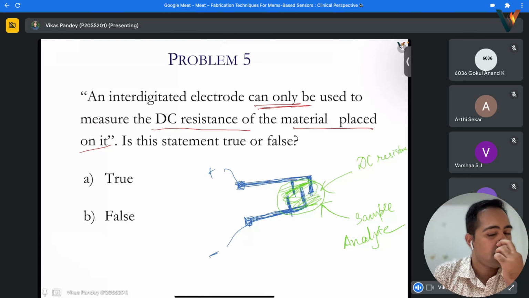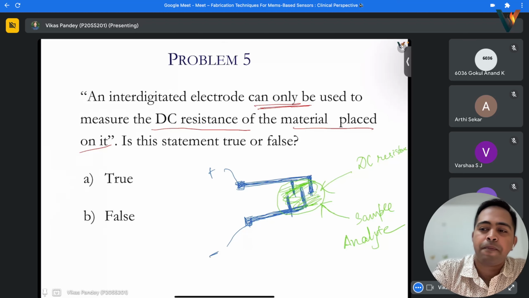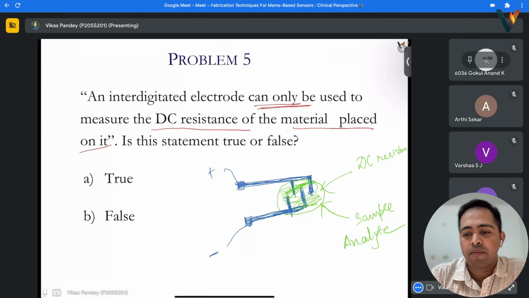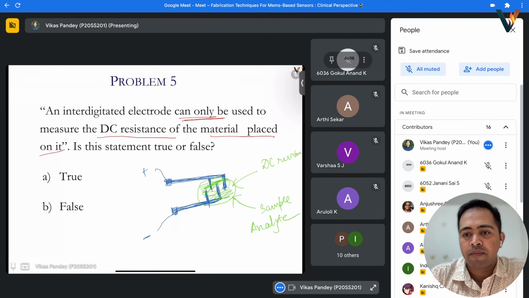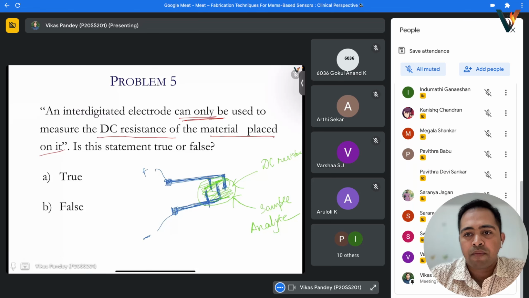Is it true? Anyone, please? Hmm. Pavitra Babu, are you there?